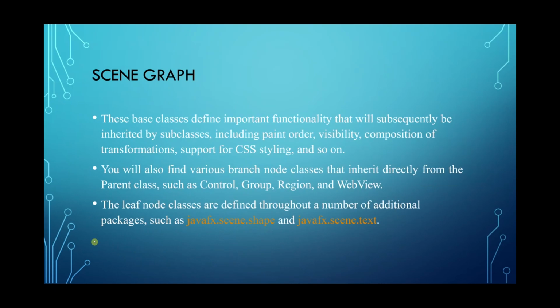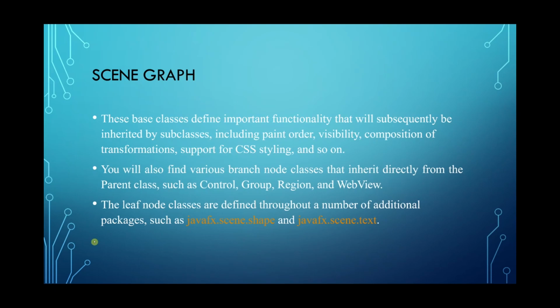So let's start with the scene graph explanation. So these base classes, the three, node, parent, and the scene, define important functionality that will subsequently be inherited by subclasses, including paint order, visibility, composition of transformations, support for CSS styling, and so on.